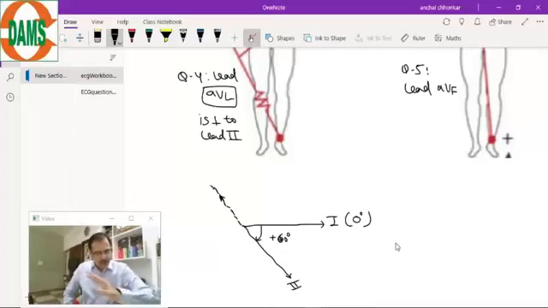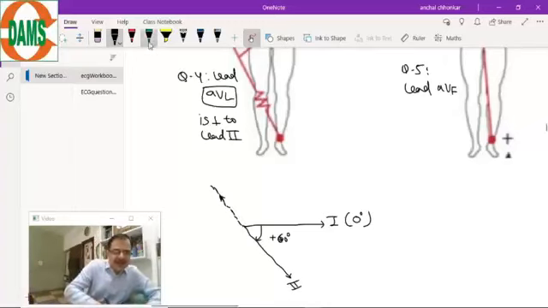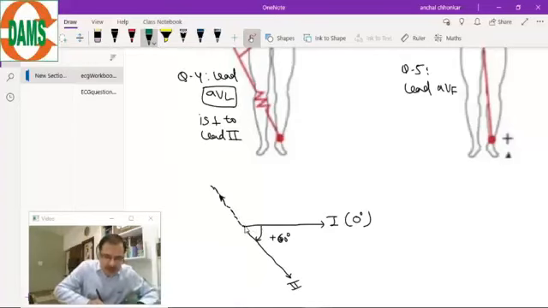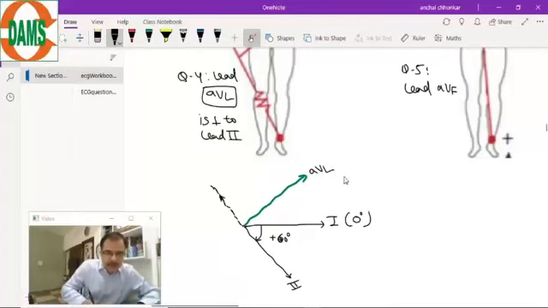I have extended the line of lead 2. Now the AVL vector is perpendicular to lead 2, so this is perpendicular to lead 2 here. This is AVL. Now what will be the angle?